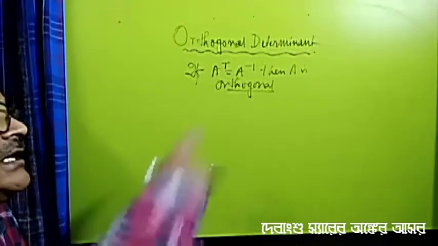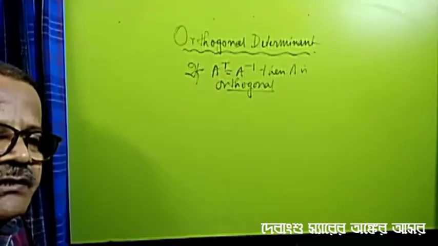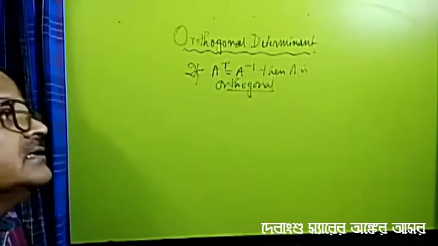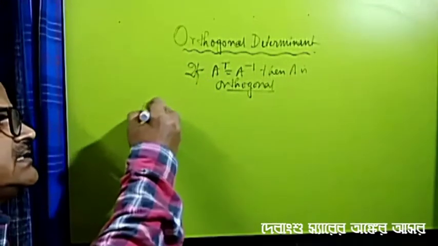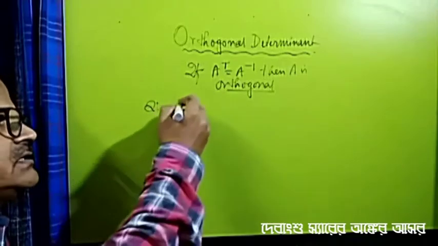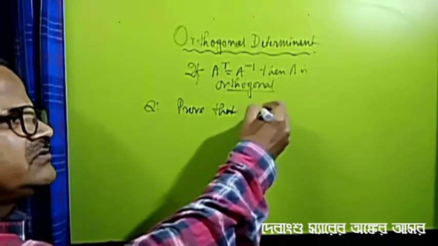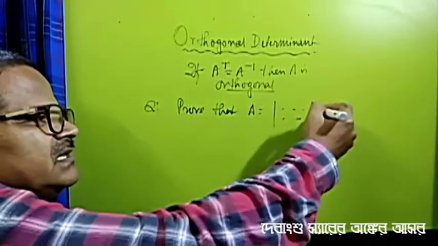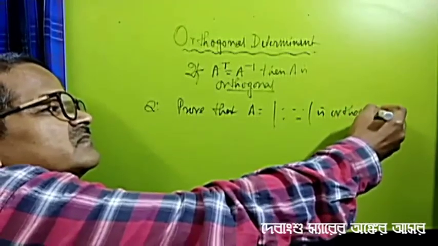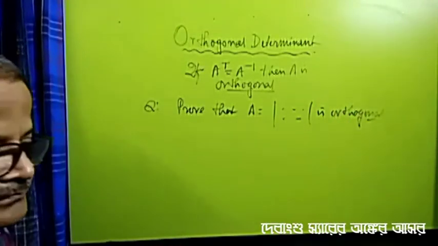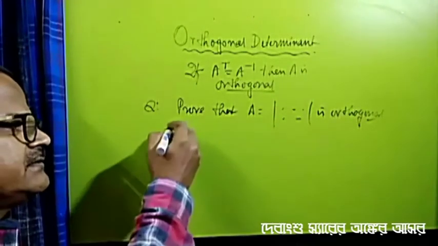So you have to take its transpose and show that A transpose is the inverse of A. So a question arises like this: prove that A is orthogonal. Then we have to proceed like this.